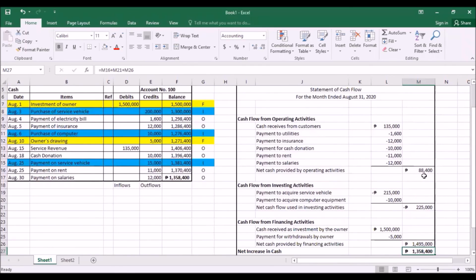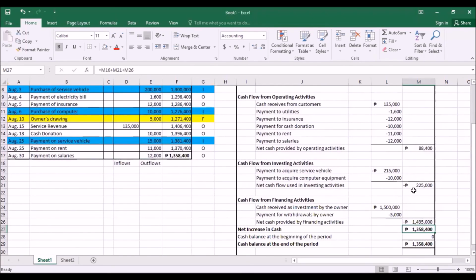We have positive of 88,400 pesos, negative 225,000 pesos. So, ito po ay deduction. And then, positive po na 1,495,000. So, ang net increase in cash po ay 1,358,400 positive po.